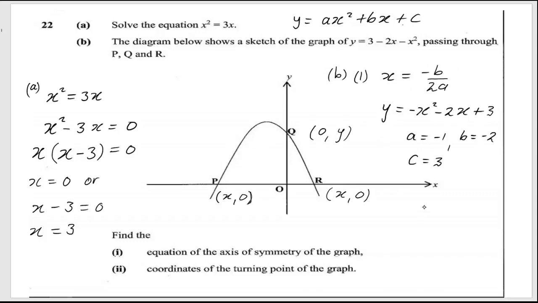So let us proceed and say x. Now we are finding the line of symmetry. So x is equal to, okay, please pardon me, let me erase that.